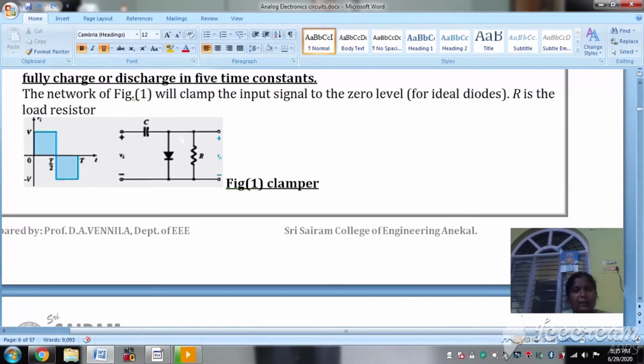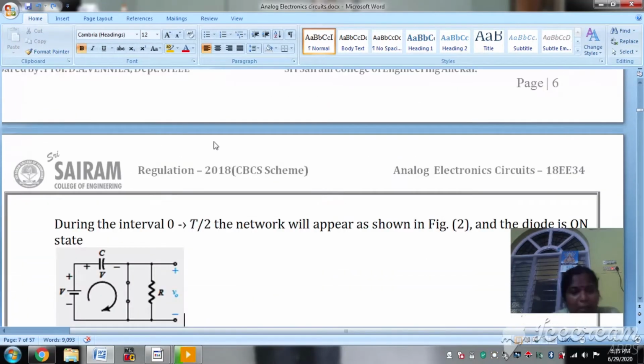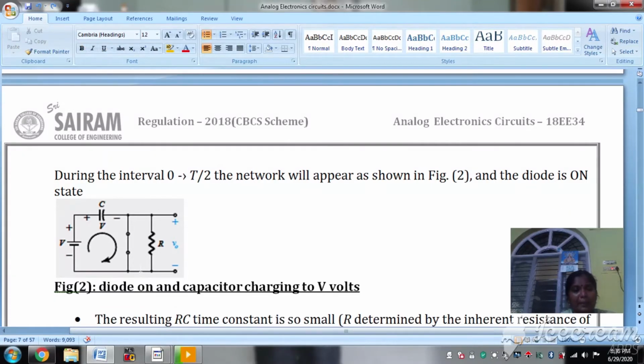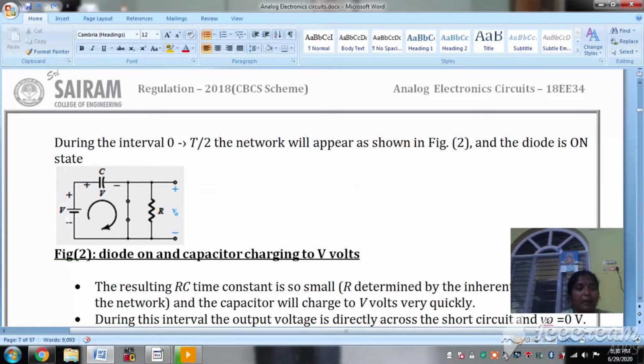Here the diode will be short circuited, and across your output voltage, whatever the capacitor voltage is, that will be your output voltage. See here, during the interval 0 to T by 2, during the positive cycle the diode will be on, and the capacitor will charge to V volts.